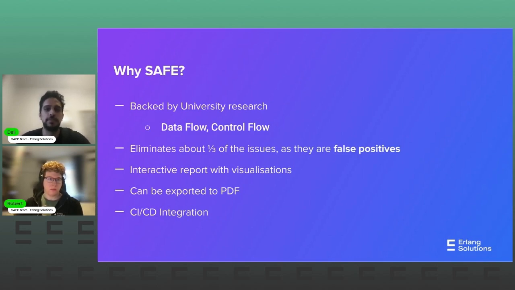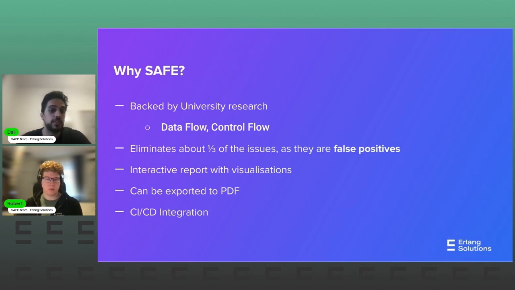This will provide deep insight into how the data moves and is processed within the BEAM application, and it will improve the detection accuracy, and will reduce the false positives by around 33%, and saves the developer time by eliminating this noise, and it will help them to focus on the real security risks.